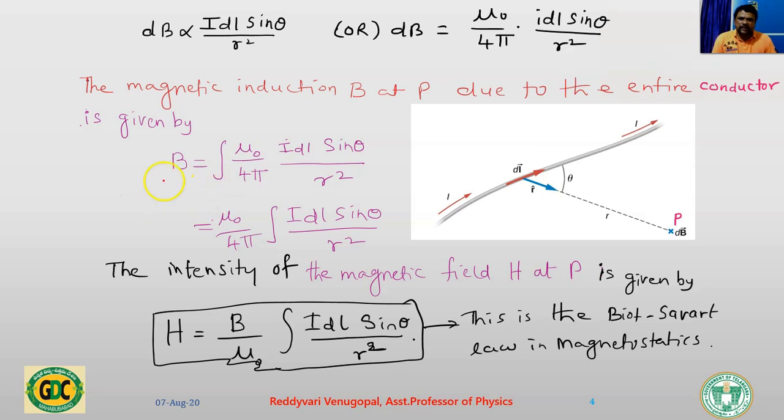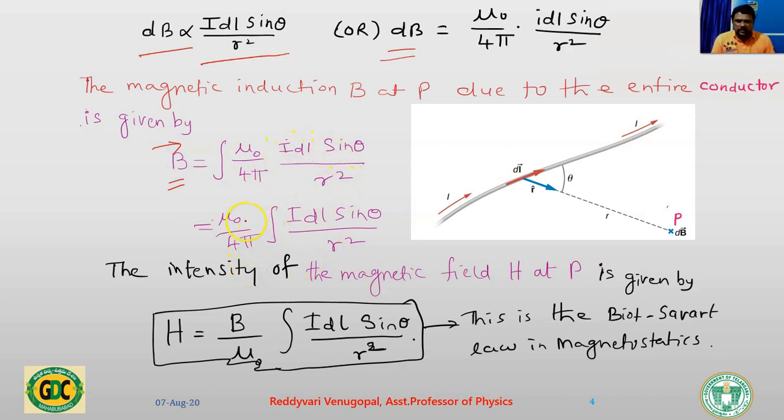Now, as we have discussed, this dB is proportional to Idl sin theta by r square, or we can write dB is equal to mu naught by 4 pi, this is some proportionality constant, into Idl sin theta by r square. Now the total magnetic field induction at point P due to the entire wire is given by B bar is equal to mu naught by 4 pi into Idl sin theta divided by r square.